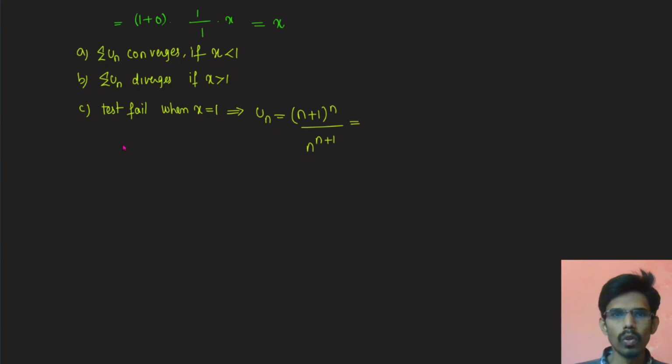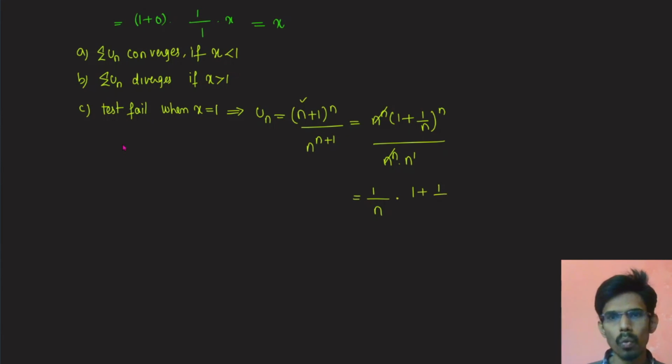Now take n common from the numerator, that will become n power n into (1 plus 1 by n) whole power n. Now separate the power in the denominator, we have n power n into n power 1. Now these two will get cancelled. Let us take this as 1 by n into (1 plus 1 by n) whole power n. This is the value of Un.